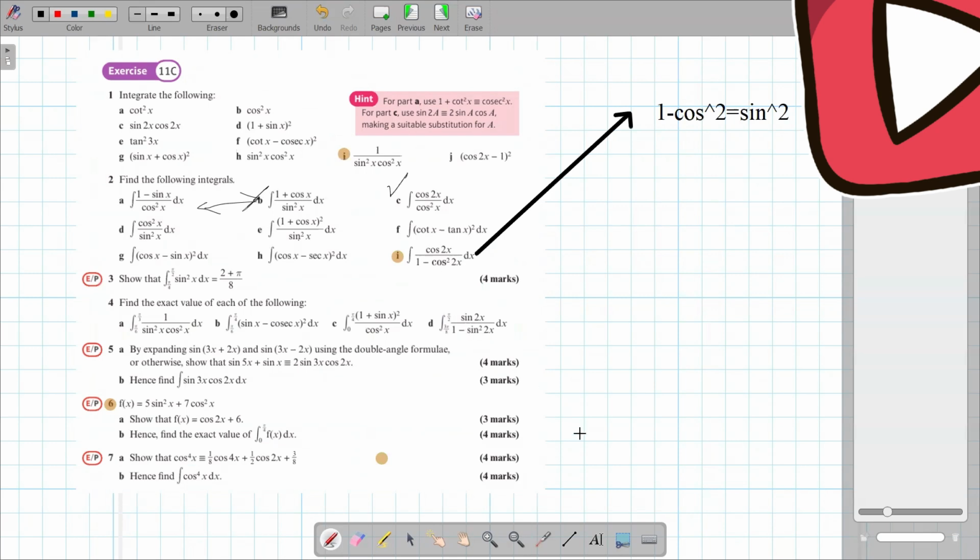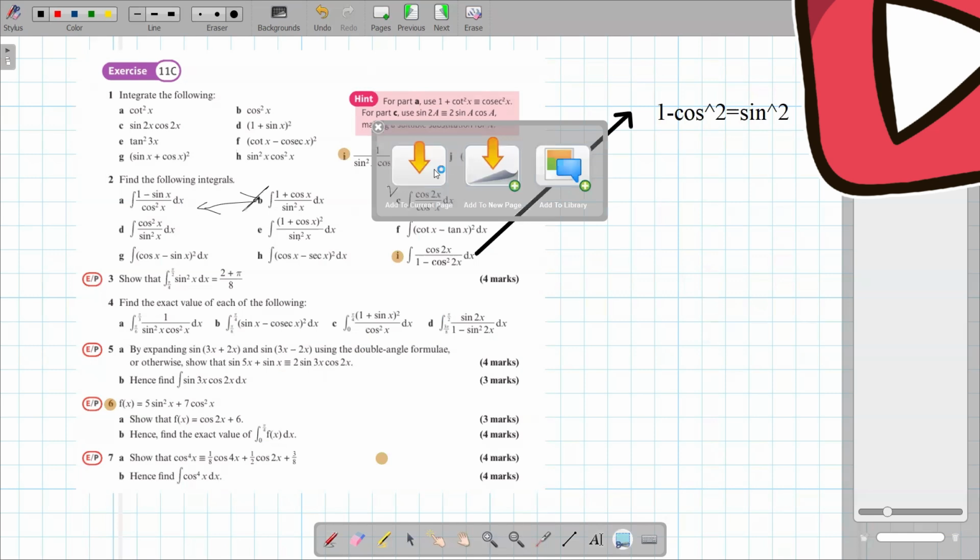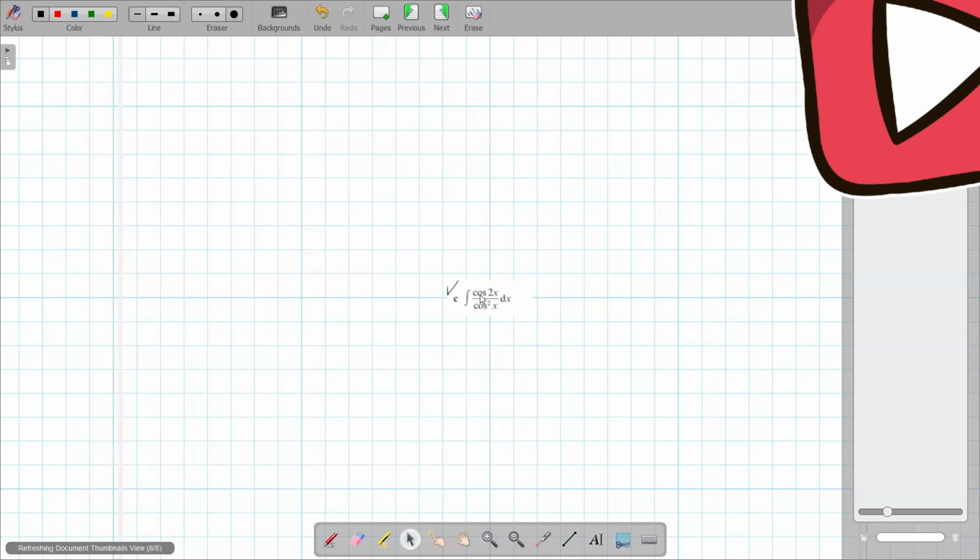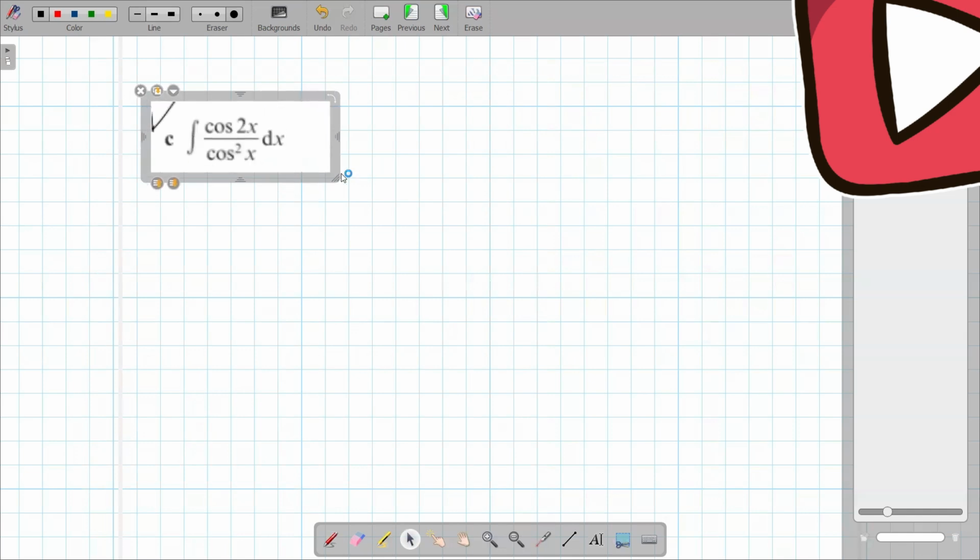Oh, that doesn't look fun. Let's solve this. Try this. Well, if we suppose that... You have to use a trigonometric identity.